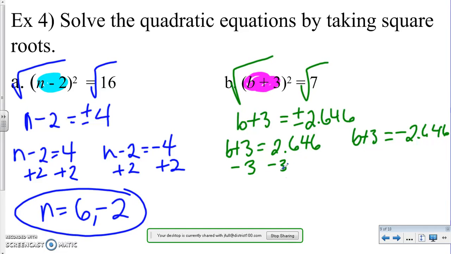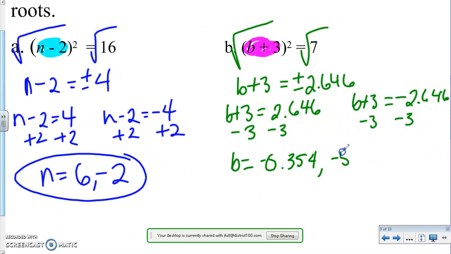So minus 3 gives us b equals negative 0.354. And if I subtract 3 from the second one, I get negative 5.646.